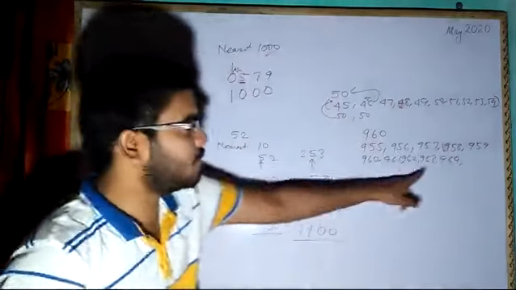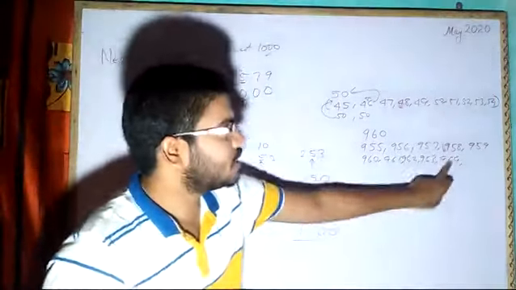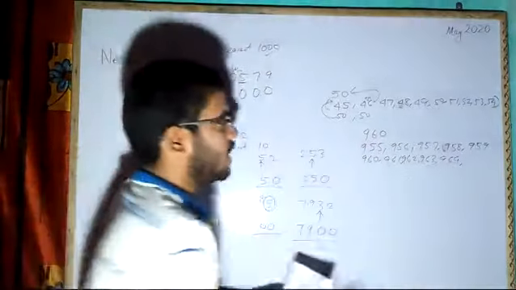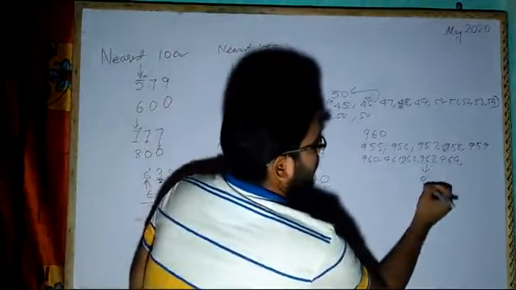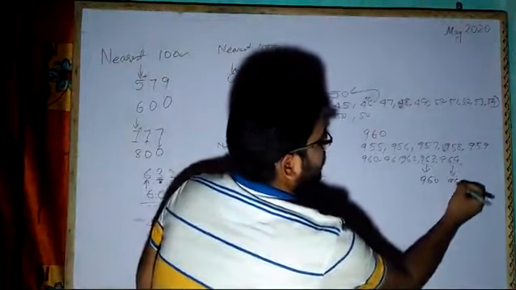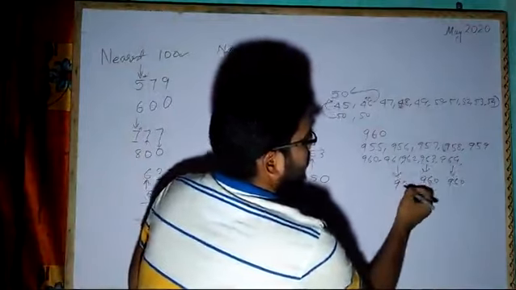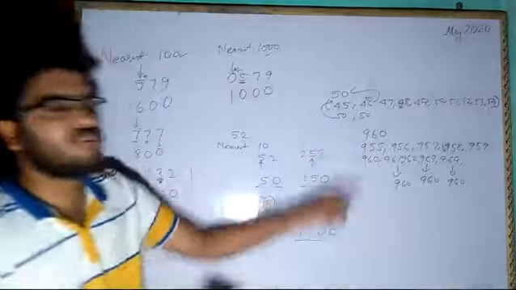Now all these numbers, 964 will be rounded off to 960 only, 963 if you have, then you will round off this number as 960 only. This will also be rounded off to 960, this also 960. All these numbers will be rounded off to 960.